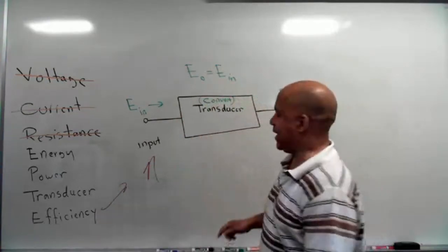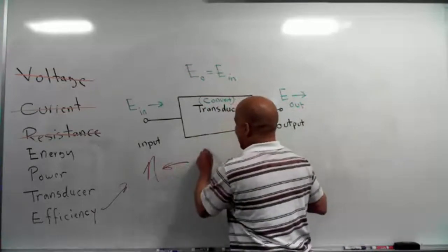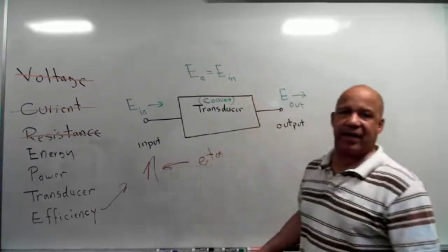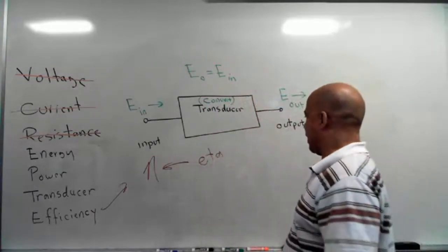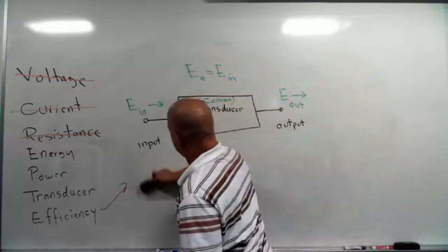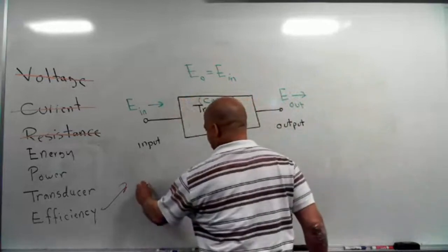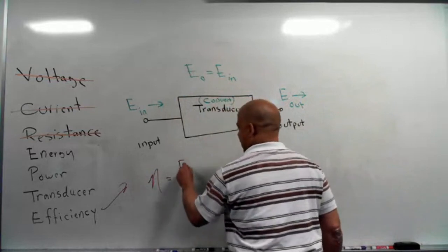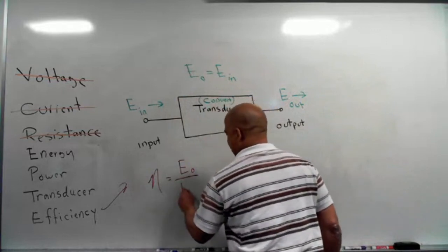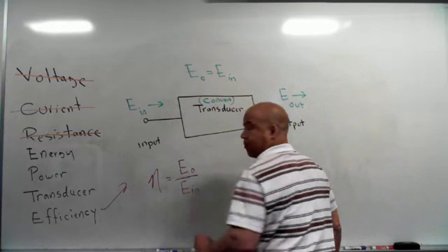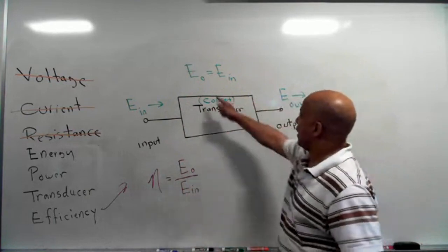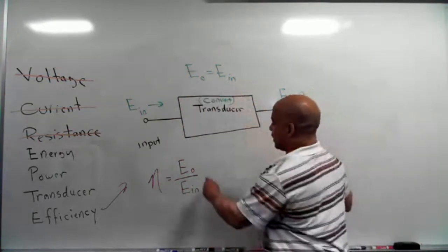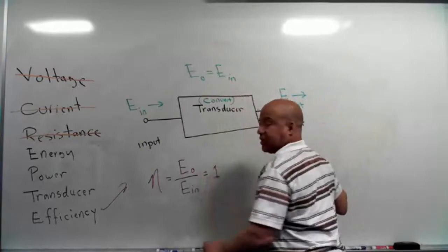And that's actually not an N, it's the Greek letter eta, E-T-A. And to calculate efficiency, it's really simple. Efficiency equals energy out over energy in. And you can see if E out and E in are the same, then this quantity right here would equal 1. They're the same number.